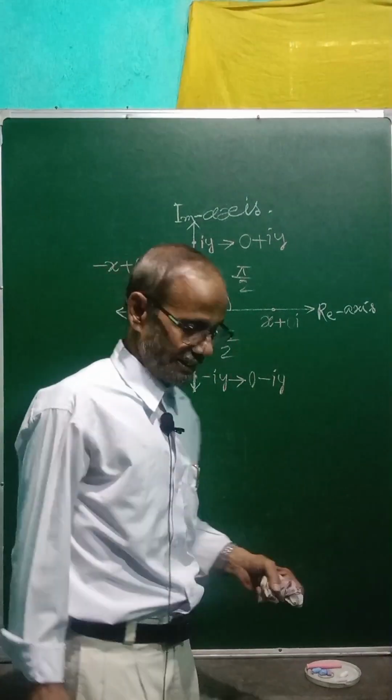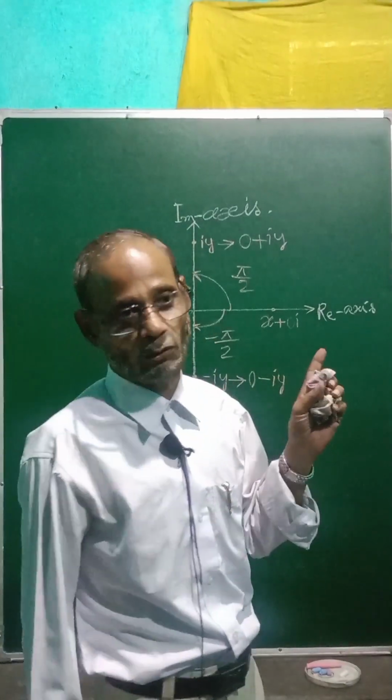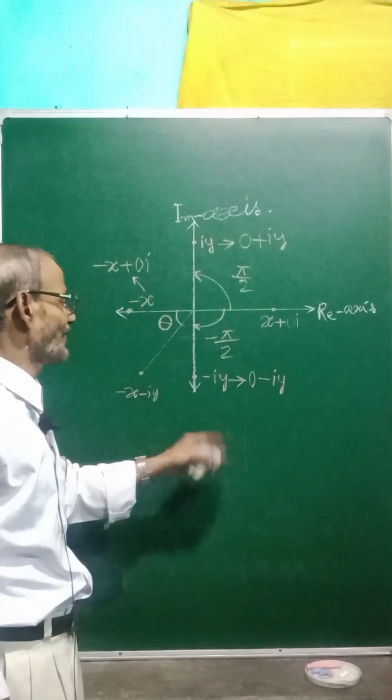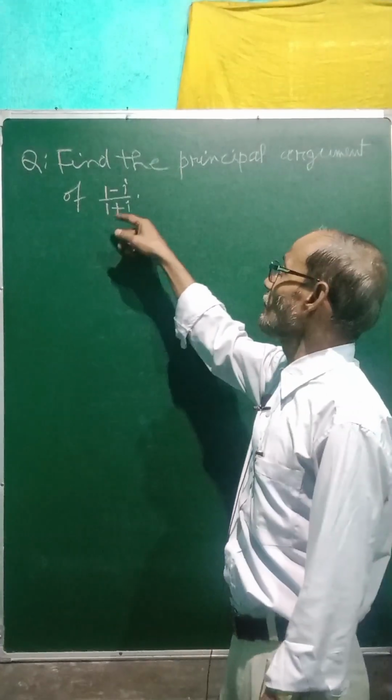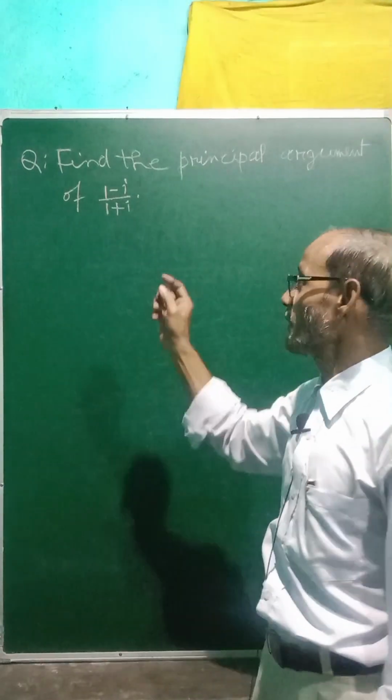Let us now test an exemplar question on the imaginary axis. Find the principal argument of (1 − i)/(1 + i).